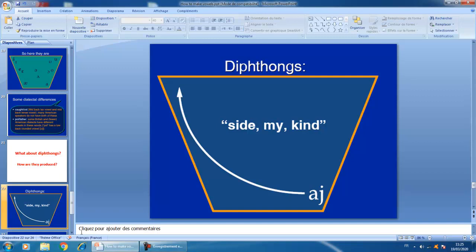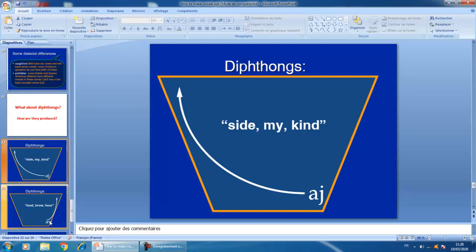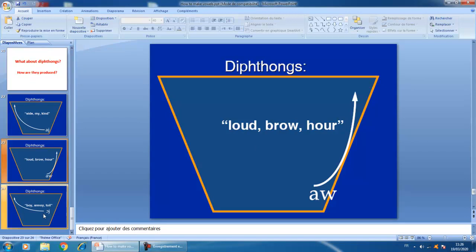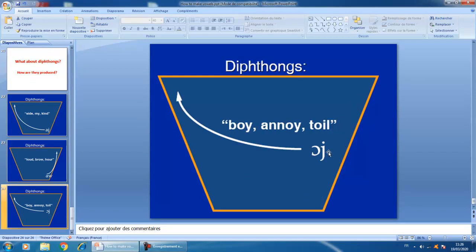I. Next, we have got another diphthong that exists in English. It's this one here. Remember the vowel A, and here we are going towards U. We obtain something like ow, as in words like loud, brow, hour. The next diphthong that I need you to remember is oi.